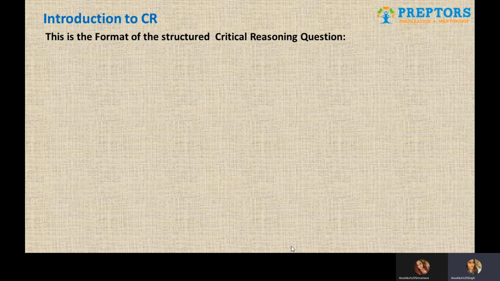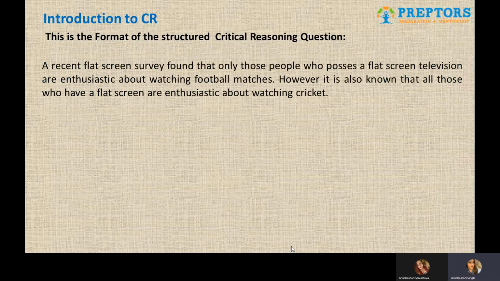Let's see the format of a critical reasoning question. This is an example. It says a recent flat screen survey found that only those people who possess a flat screen television are enthusiastic about watching football matches. However, it is also known that all those who have a flat screen are enthusiastic about watching cricket.